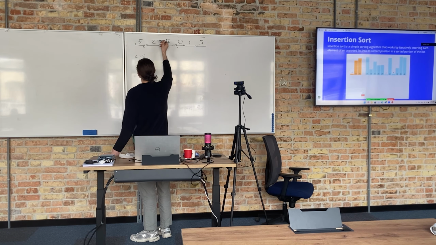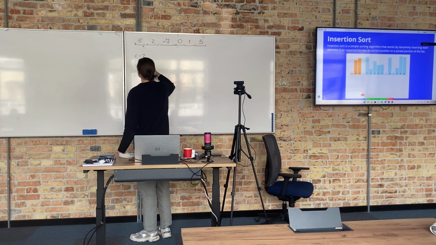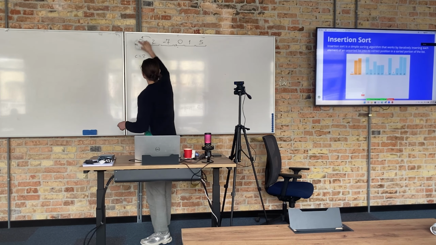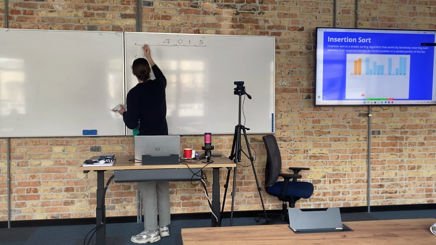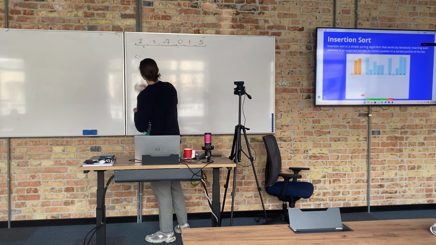Okay, in this situation, 2 is less than 5. So we swap them, and we have such a line. Then our current element is -7.